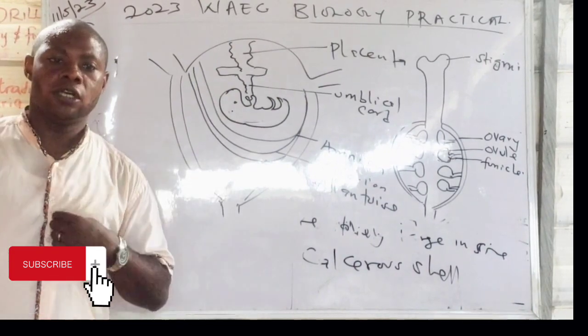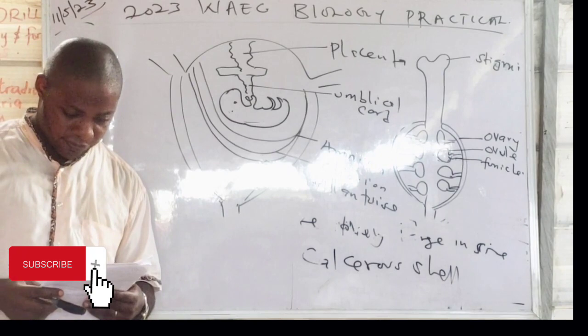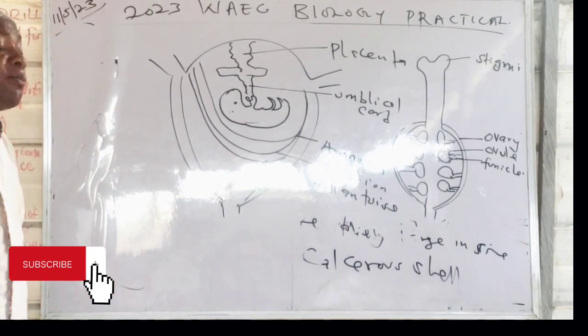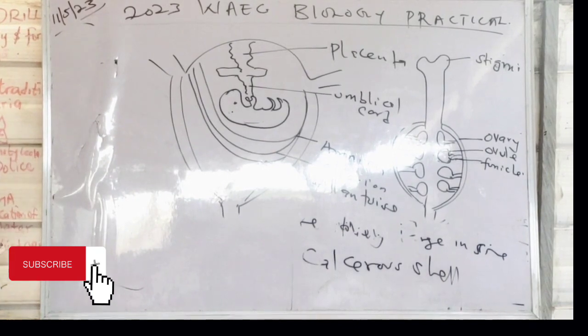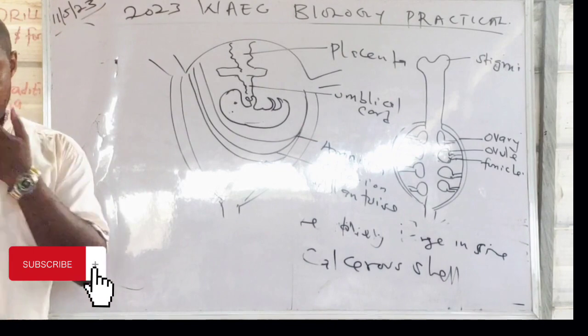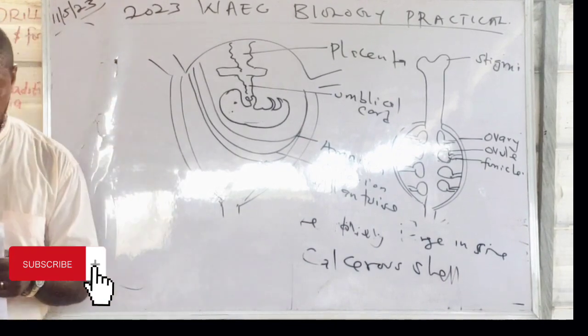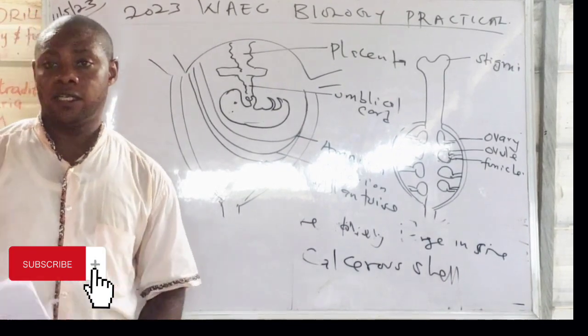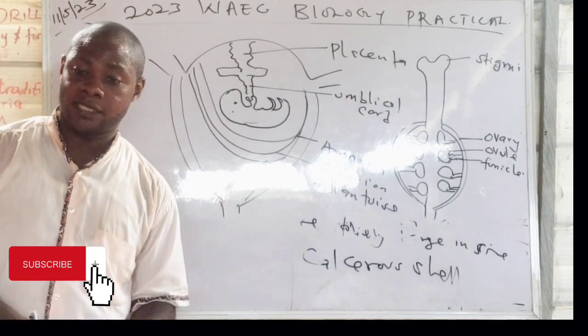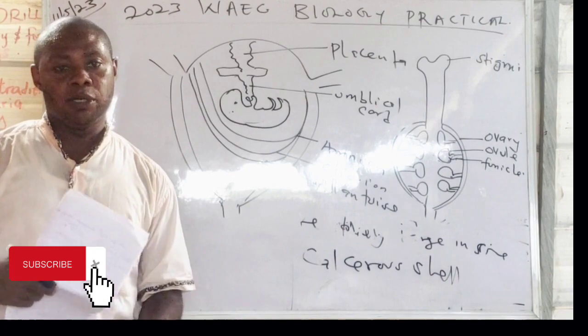Identify 5 materials that can be found in the picture of specimen C and their function. So what is the function of the placenta? Are you there with me? Placenta, it is a medium of exchange of materials. Through the placenta, a baby can exchange materials. Oxygen, food, nutrients, and all that can be exchanged from the mother's blood to the baby's blood.